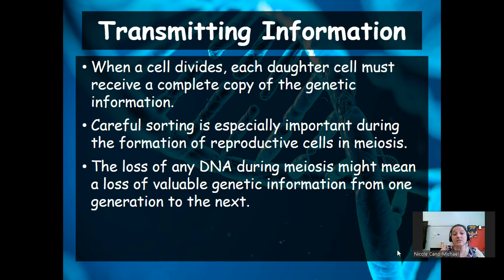If we lose any DNA information during meiosis because of non-disjunction, that means that that offspring is going to have missing genetic information. And God only knows what information might be missing or maybe might be replicated.